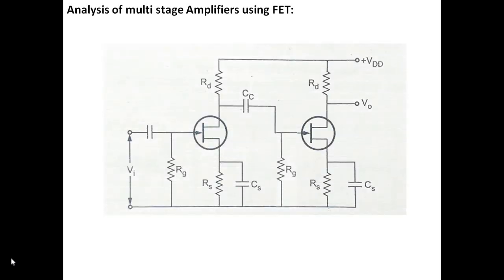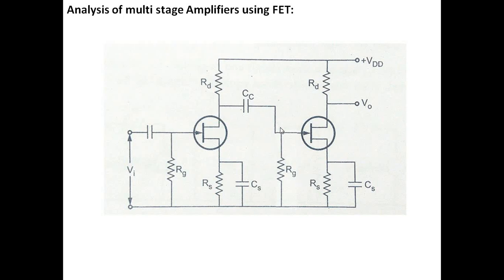This is the basic circuit diagram, which is a two-stage amplifier with the help of FET. The most popular biasing used in the FET is source self bias, and the resistance RG is usually very large in both stages.